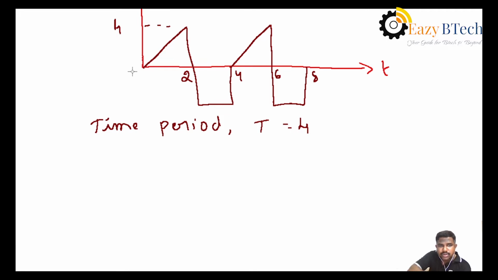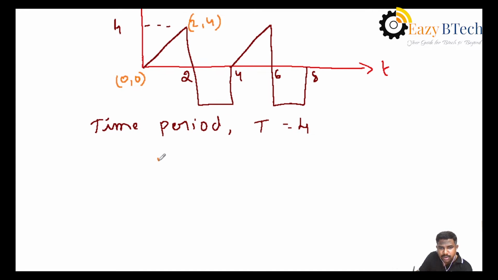Before that, find the points of the straight line. This is the origin 0, 0, and this point is x-axis 2 and y-axis 4. Then from 0 to 2, the line is a straight line. Then you have to find the equation of the straight line.